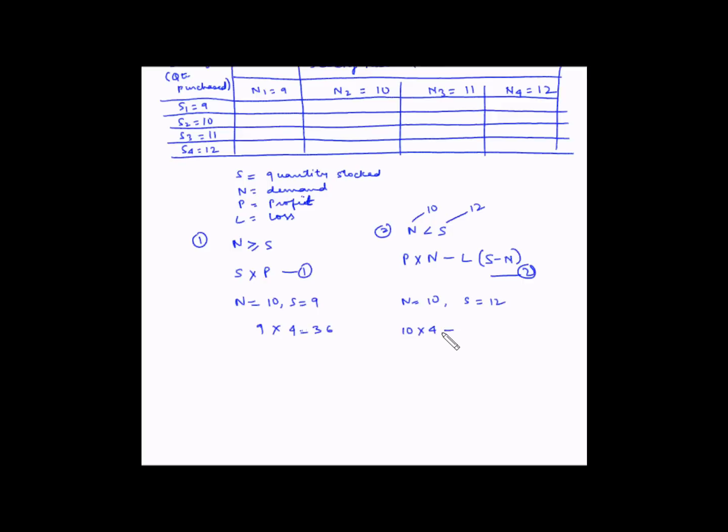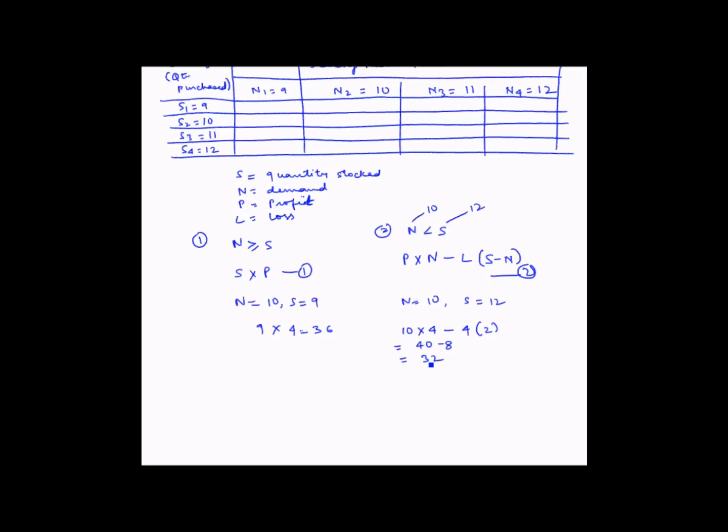Now it has been given in the problem that for each magazine which we return, we get a refund of 50%. That is, the purchase price is 8. So we'll get only 4 rupees back. So we are losing 4 rupees. So L is 4. So 4 multiplied by the differential, that is 12 minus 10, that is 2. So this equals 40 minus 8, which is equal to 32.